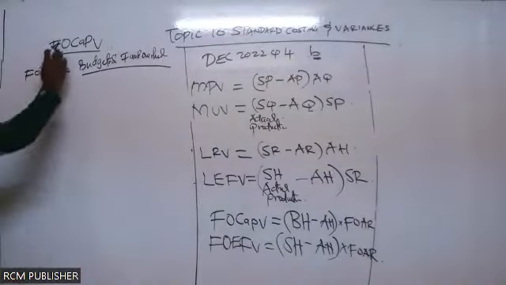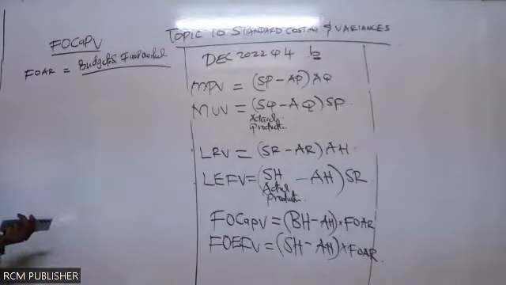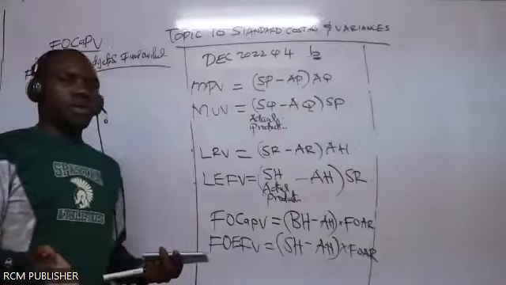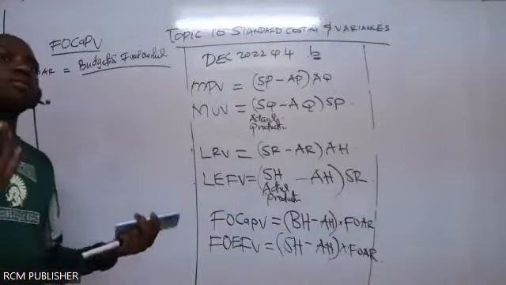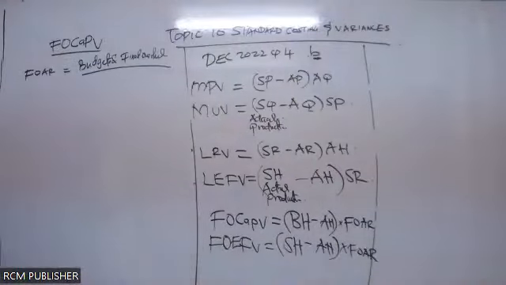The budgeted activity level will depend on the rate that we have been given. Will it depend on the units of output? Will it depend on the total machine hours or total direct labor hours? What are we given there?